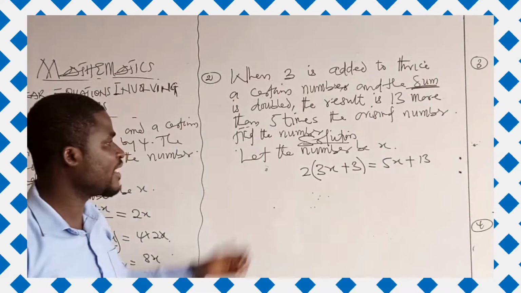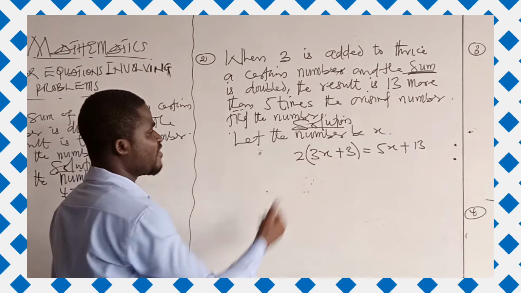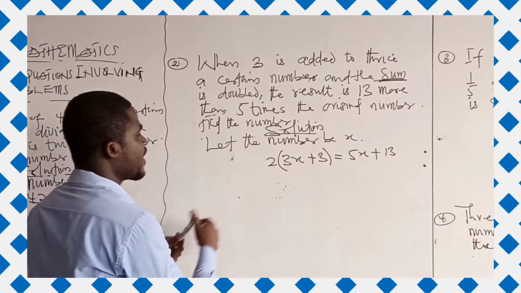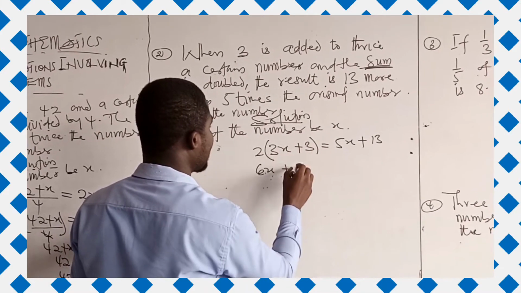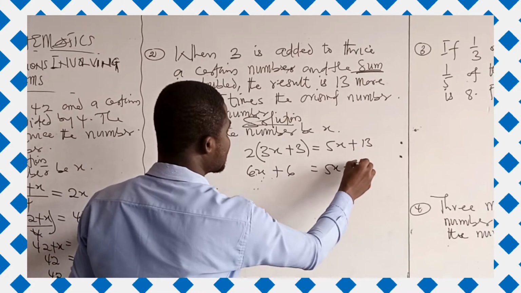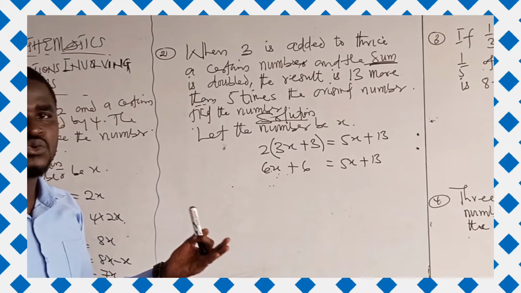That's good. Now let's try and find the number. We have a bracket here, so you have to remove the bracket. 2 times 2X will give us 4X, plus 2 times 3 will give us 6, equals 5X plus 13. Our next step is to group like terms.